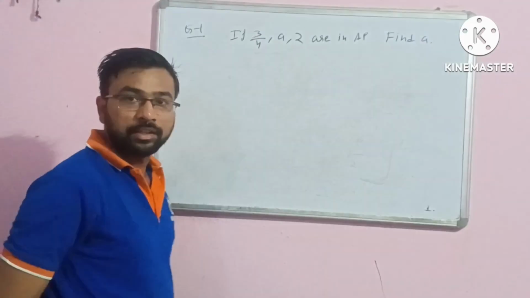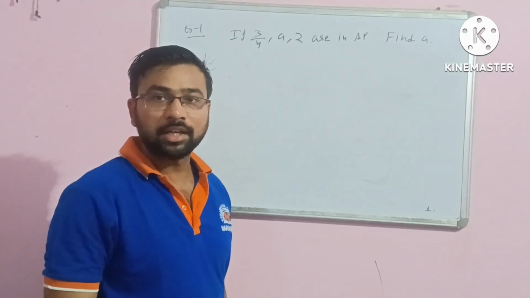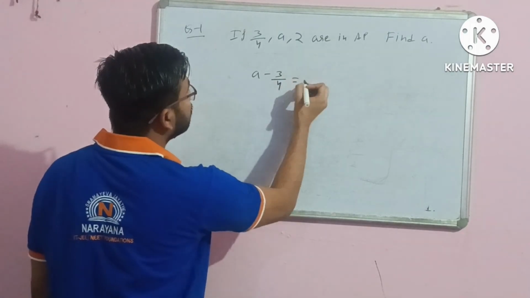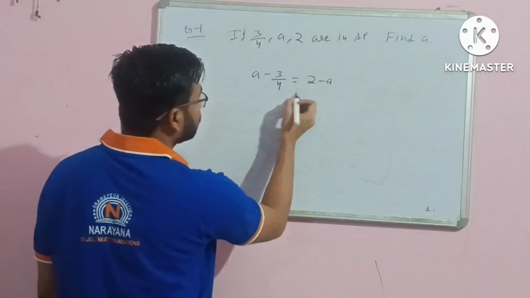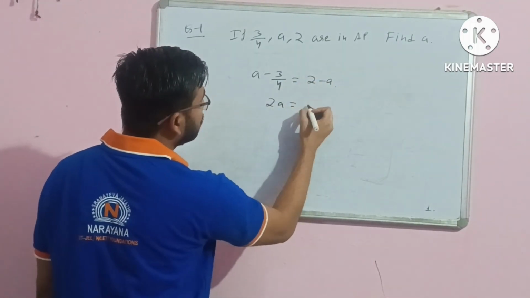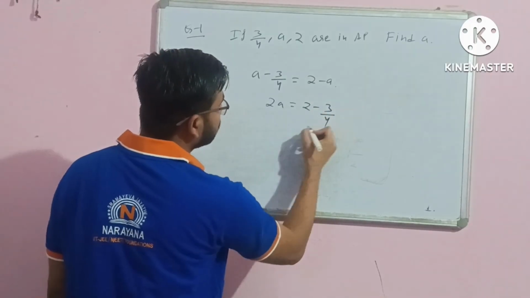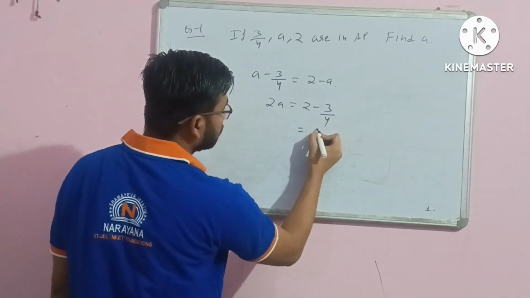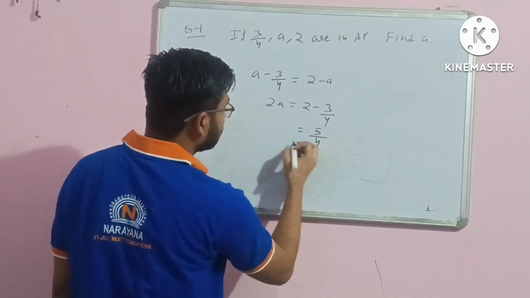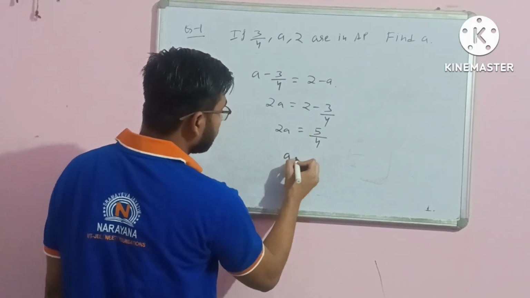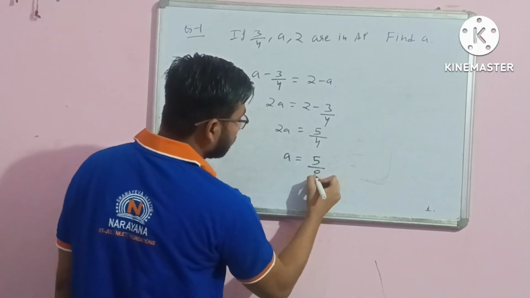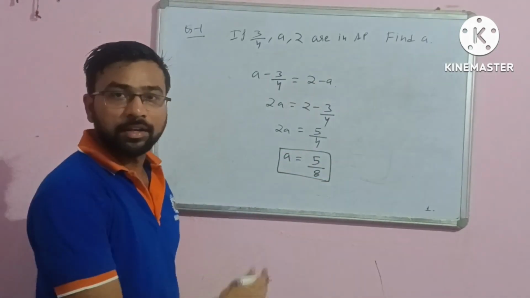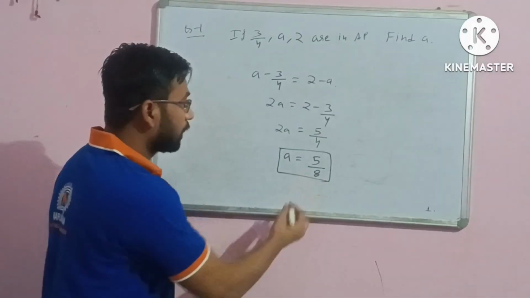We know that in an AP the difference between two consecutive terms is the same. So A minus 3 by 4 equals 2 minus A. So 2A equals 2 plus 3 by 4, which equals 11 by 4. So A equals 11 by 8. This is the answer of this question.